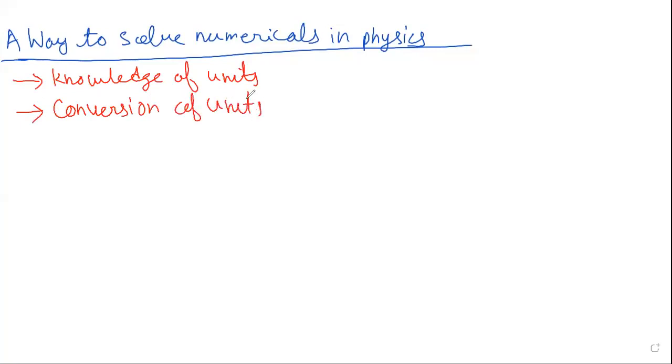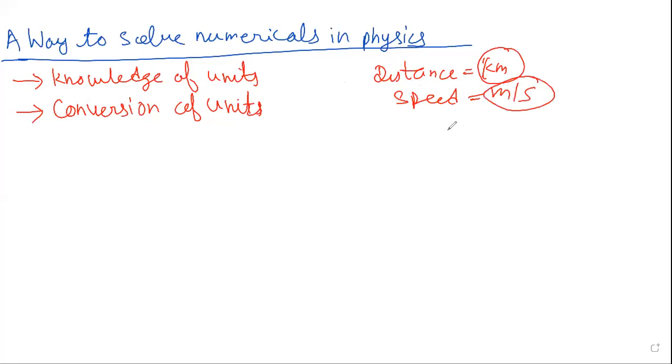What I mean to say is, if the speed is given in kilometer per hour, then you should be aware about that. Taking a simple example, if the distance is given in kilometer, and speed is given in meter per second, we cannot use these two together. Speed is equal to distance over time.